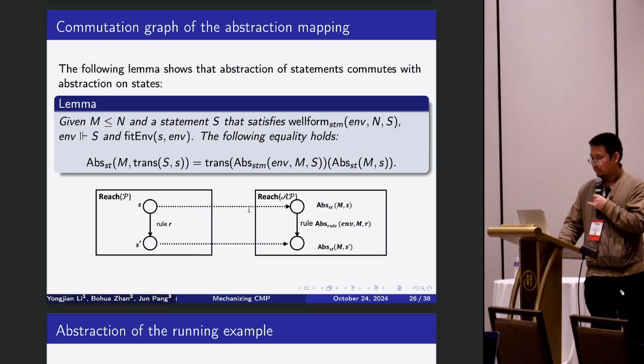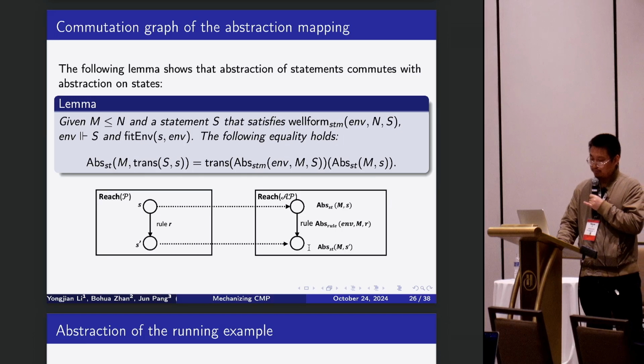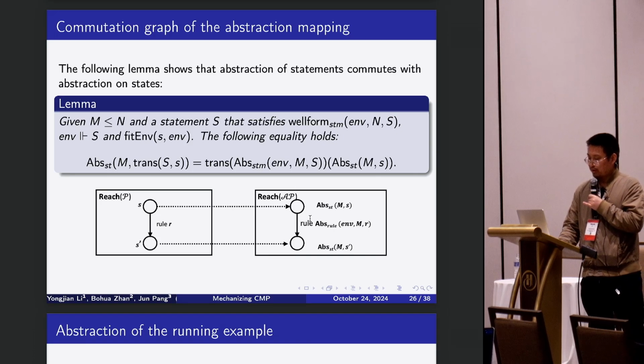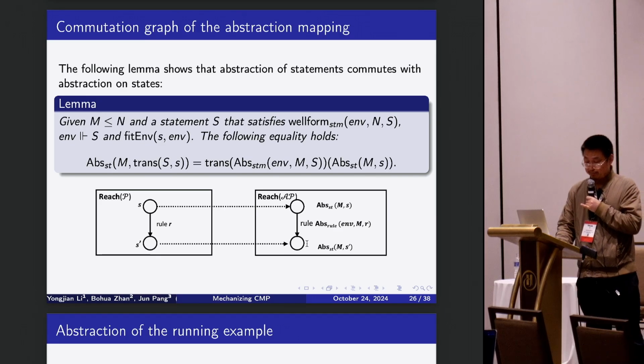The abstraction of S should also reach the abstraction of the state S prime. This is the commutation: S to S prime, S to ABS, and ABS to ABS prime.